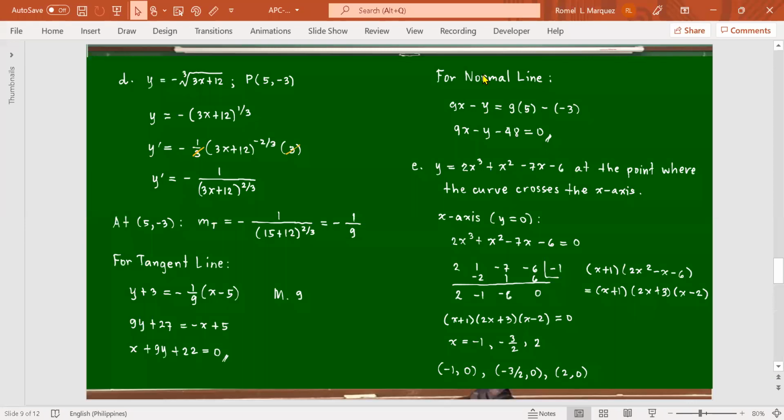Let me copy the given because I memorized it incorrectly. Okay, getting the derivative, we have y prime equals 6x squared plus 2x minus 7.